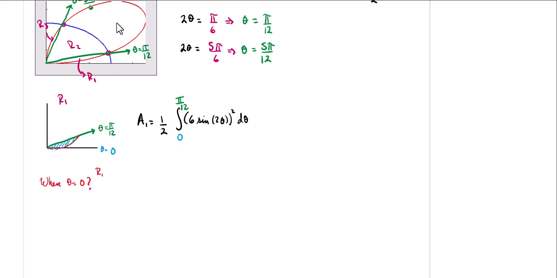Now again, I'll let you guys practice this integral, but for this one here, I get approximately 0.408.